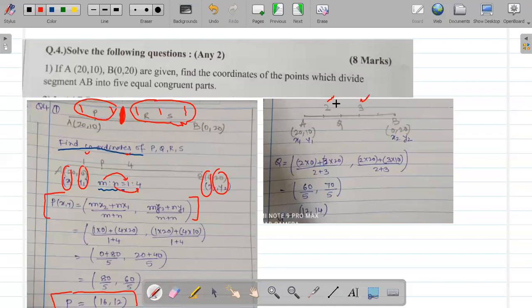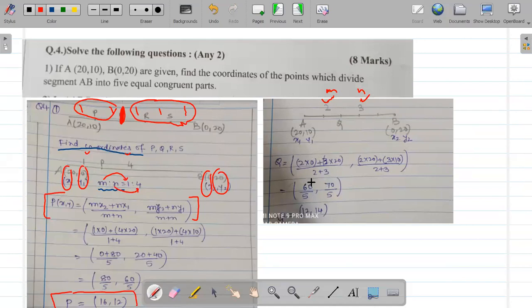Once you have the ratio 2:3, this is M, this is N, and then you have those 2 points. I have not mentioned the formula again here because you won't get extra marks for writing out the formula 4 times, right? Just try to plug it in in a proper systematic way.